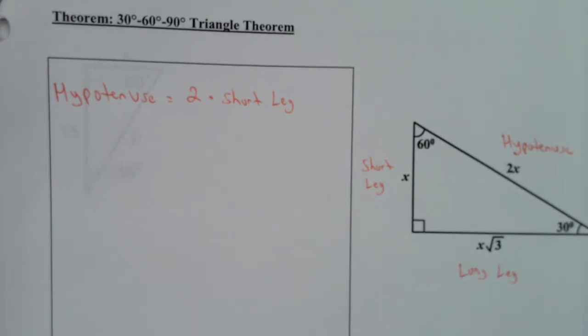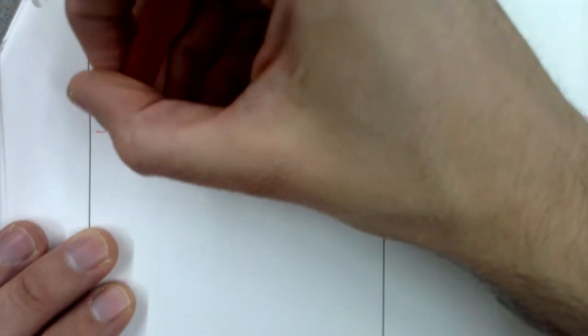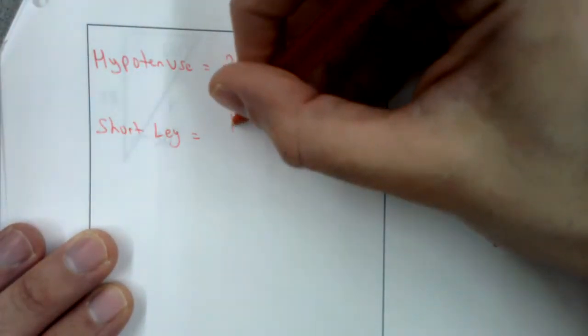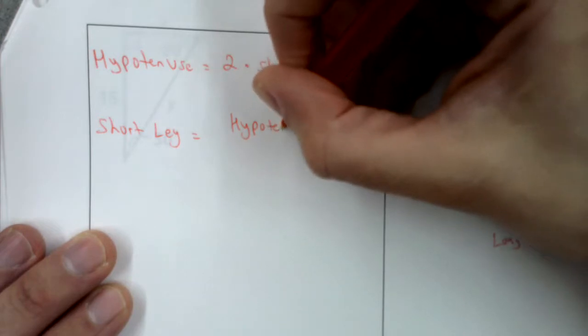The hypotenuse equals 2 times the short leg. So since the hypotenuse equals 2 times the short leg, I can say that the short leg equals the hypotenuse divided by 2. So that'll be my second formula. There are going to be 4 of them.